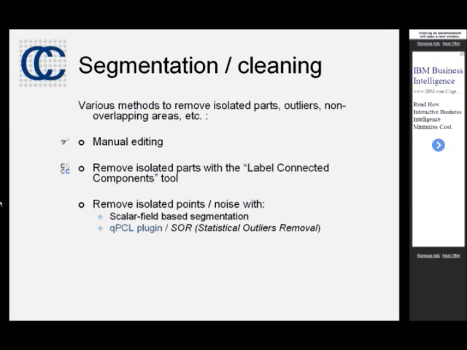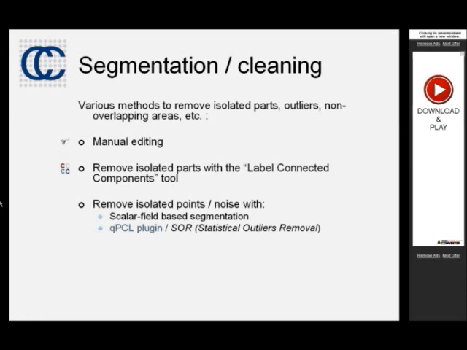And you can, in a generic way, segment those points based on their associated value. So if you want to remove the points with a too low density, it's one of the ways to remove isolated points, for instance.